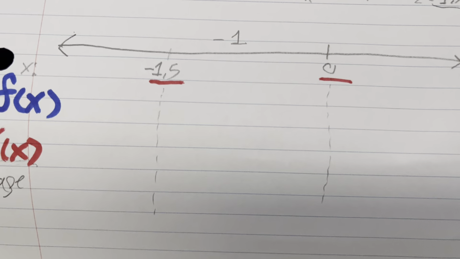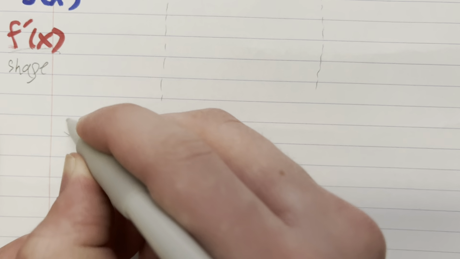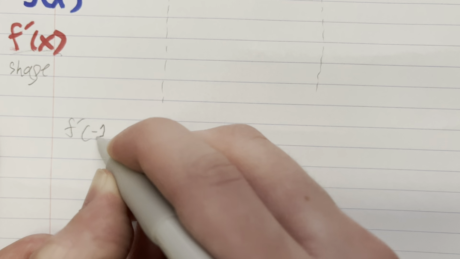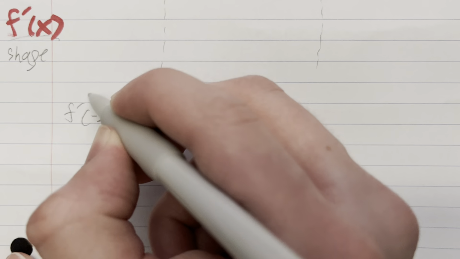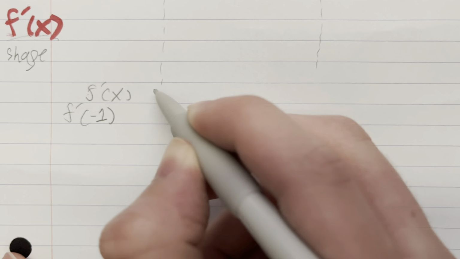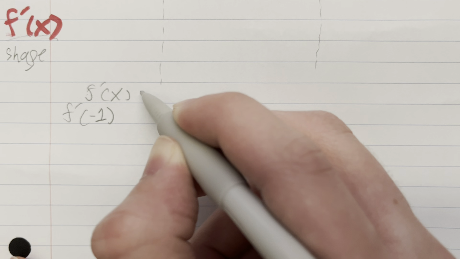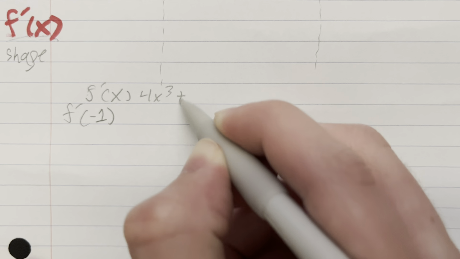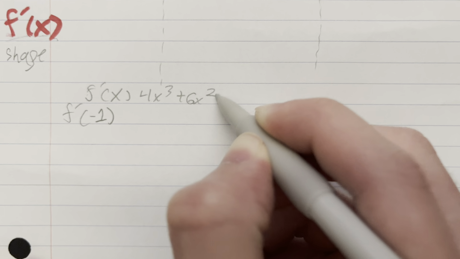So I'm going to go down a little bit so that we can solve. In case you would like, I'm going to write f prime of x back up here. f prime of x was equal to 4x cubed plus 6x squared. That was our f prime of x. We found that.